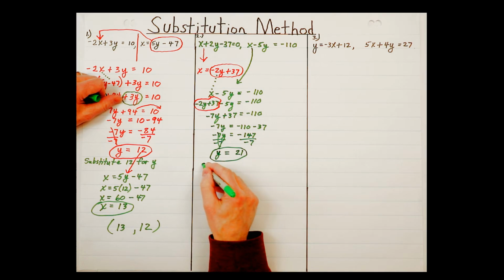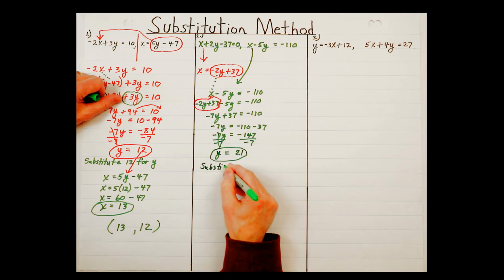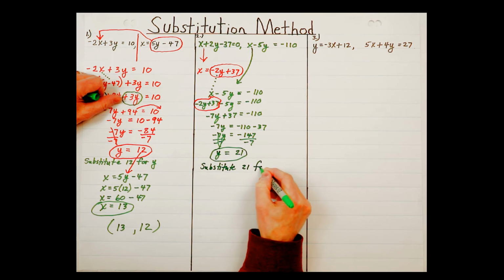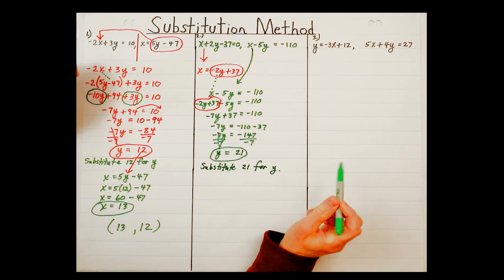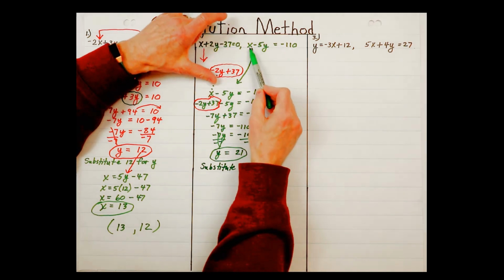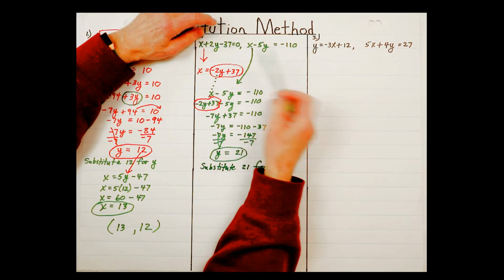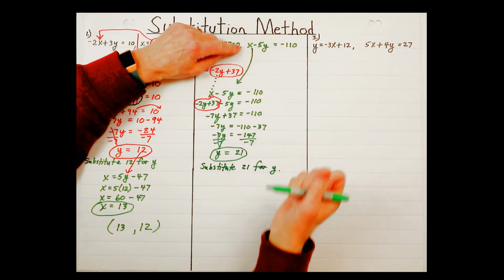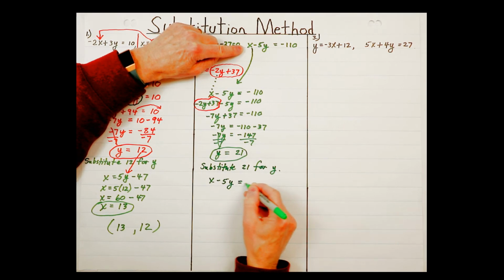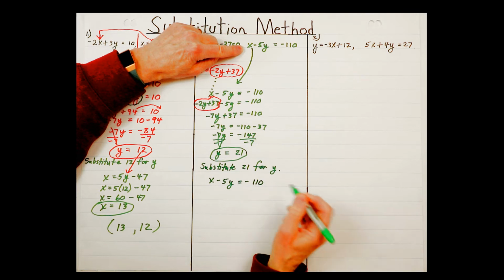Okay, so we're going to substitute, just like we did in the previous question, 21 for y. And I'm going to use this equation. I could use either, but I'm going to use this one. So x minus 5y equals negative 110.